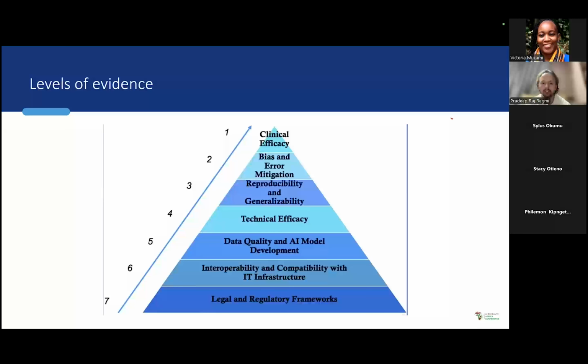There are levels of evidence, and with this step-by-step approach we can go towards the top for clinical efficiency after mitigating biases, general liability, data quality, and AI model development. Eventually, we can move towards proper interpretation, clinical as well as image-wise.